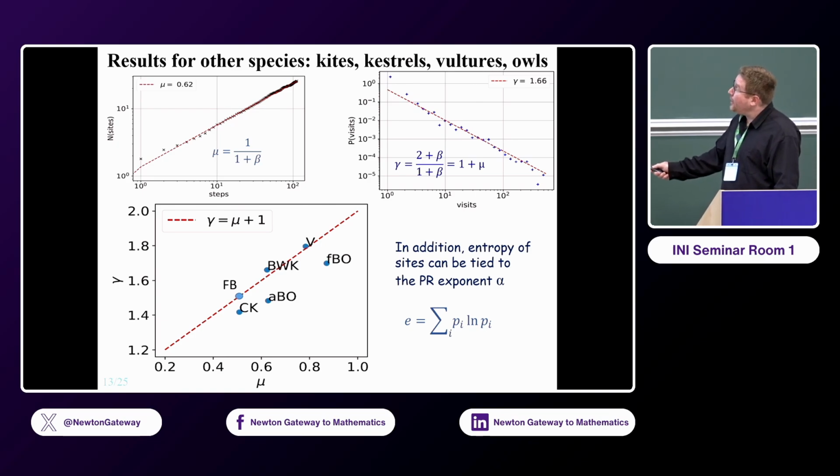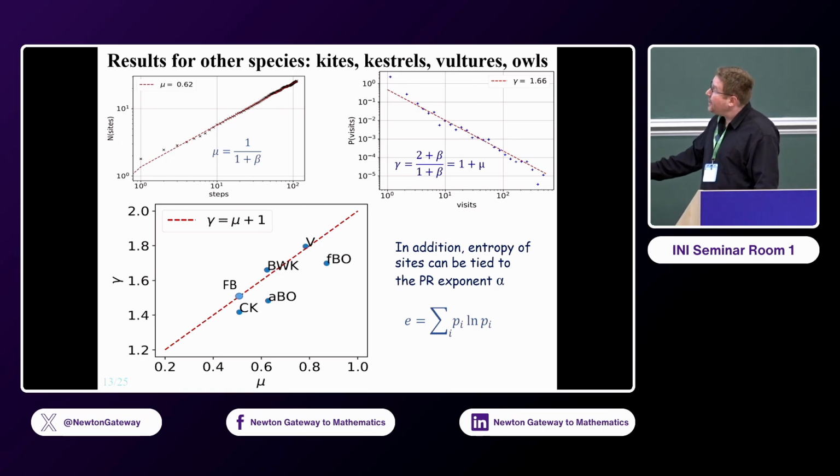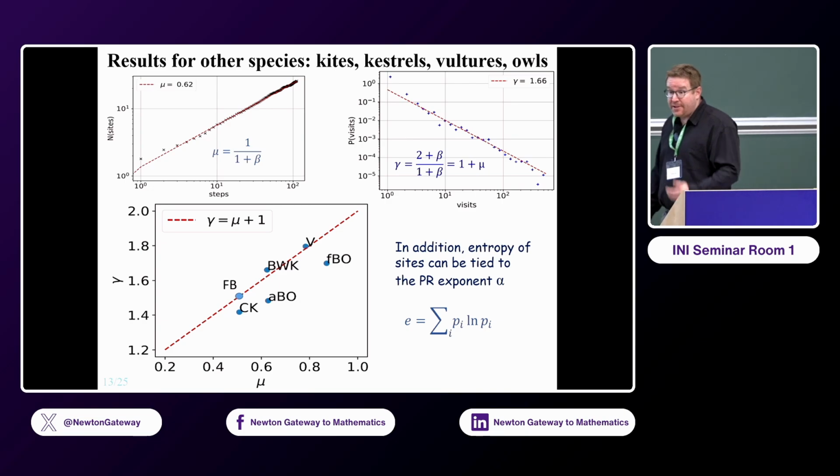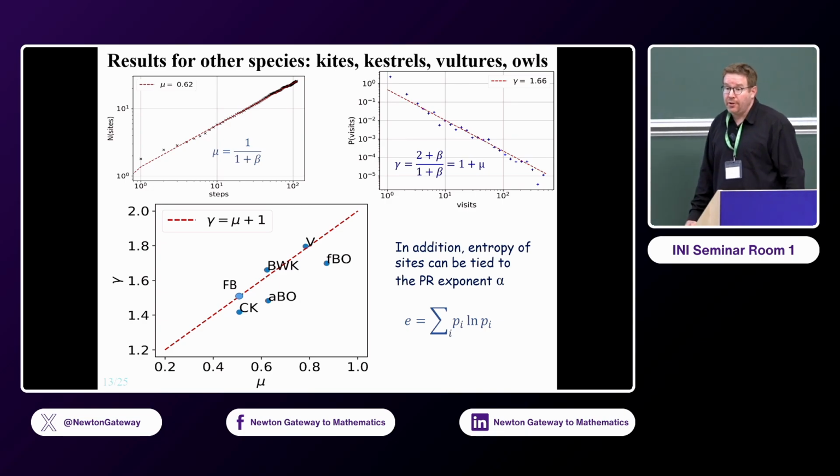For example, we looked at the mean number of sites as a function of time for the black-winged kite, and we could fit it indeed to a straight line and find the exponent beta, which comes out to be around 0.6, not very far from the fruit bats. You can also look at the probability distribution of the number of visits as a function of the number of visits. This is the graph that I showed you in the beginning.